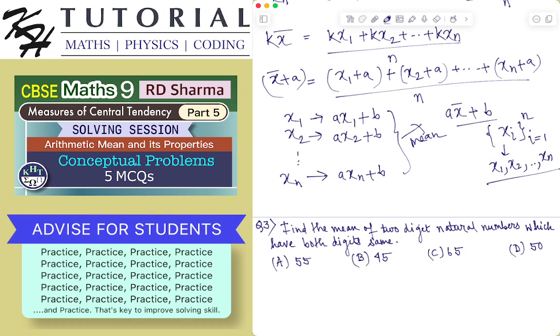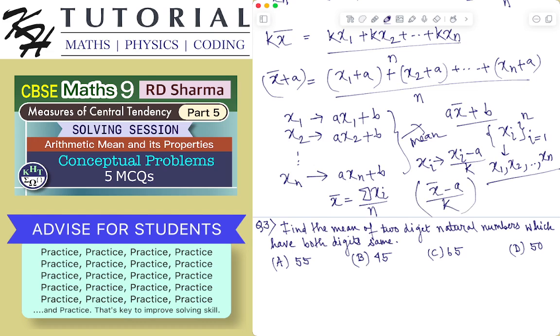Now let's say every observation is changed from xi to xi minus a divided by k. So what will be the new mean? If x bar is the mean of the original observations, that is the sum of xi divided by n, then the mean of the observations xi minus a divided by k will be x bar minus a divided by k.